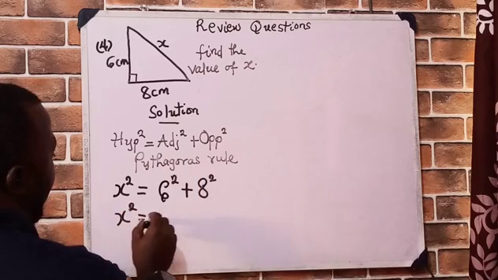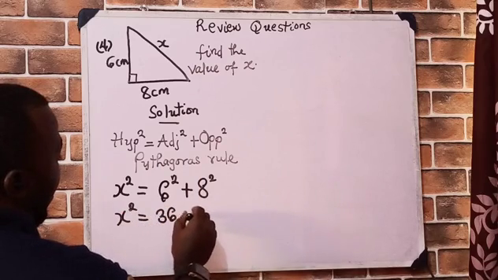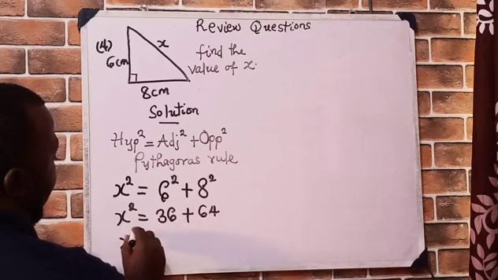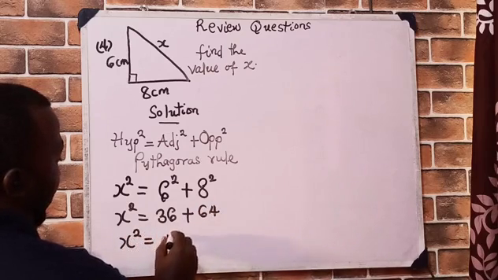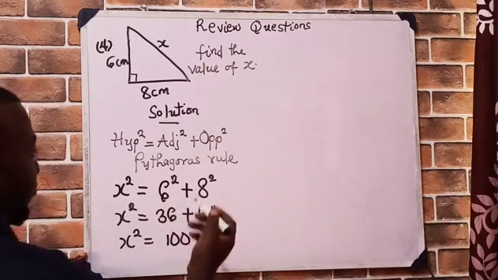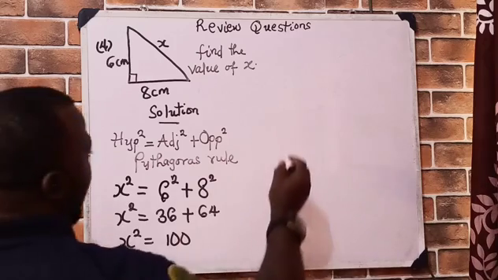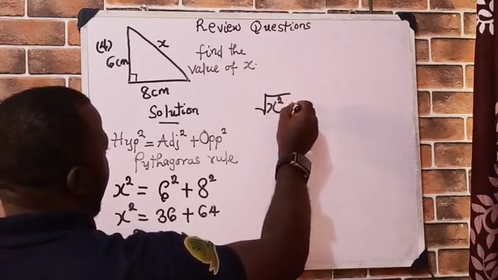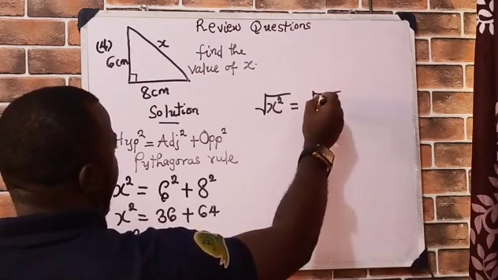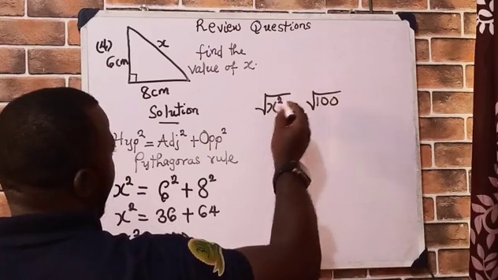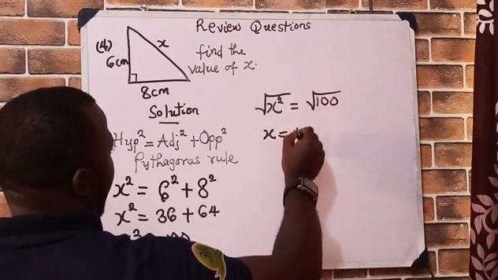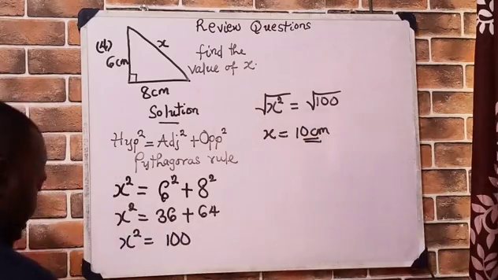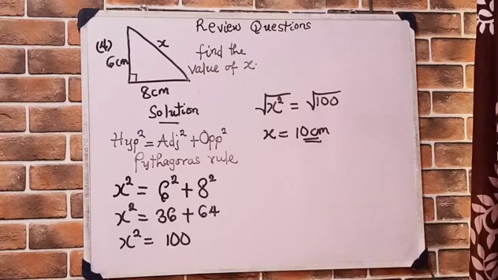Now the x squared will give me 36 plus 64, giving us a value of 100. From here I can find the square root of both sides and have that the square root of x squared will give me the square root of 100. So my x is equal to 10 cm. That's the length of that longer side.